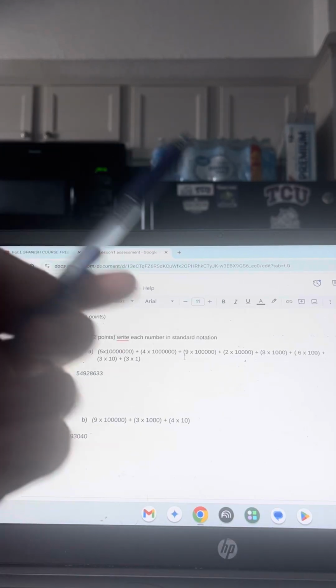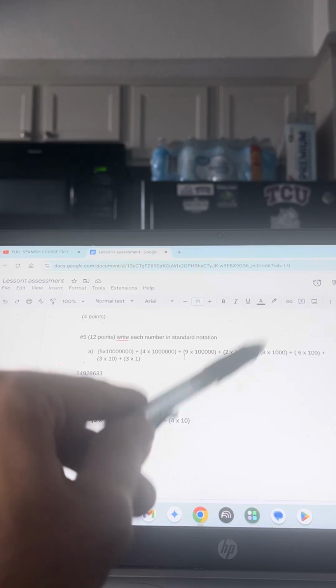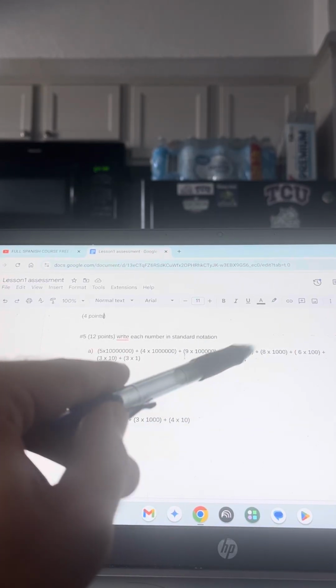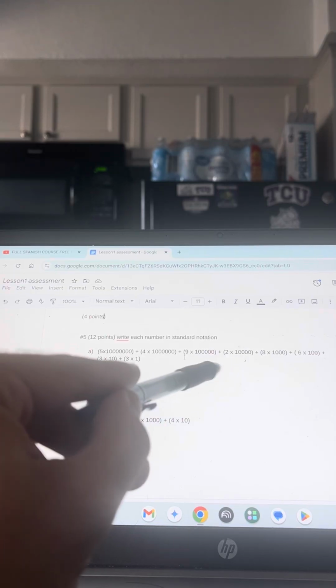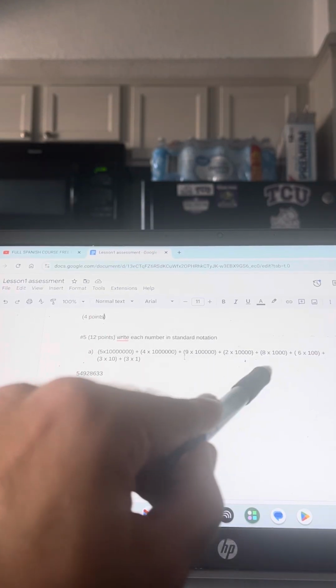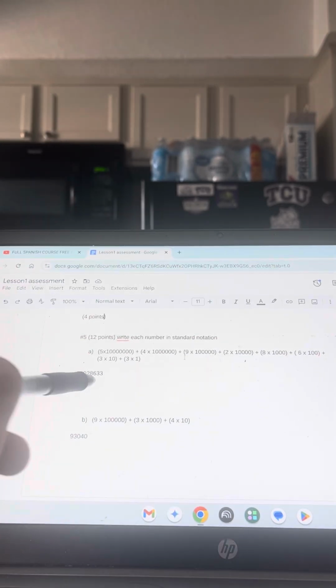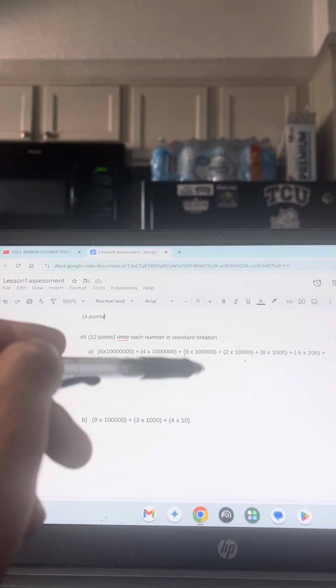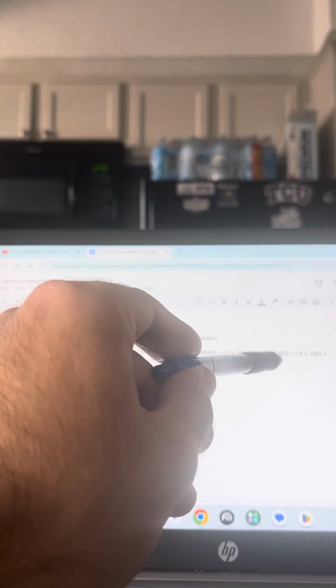Good job. Let's look at number 2. 2 times 10,000. So 2 has to be in the 10,000s place because 2 is being multiplied by 10,000. And remember, whatever number this is multiplied by, that is the place value it has to be in. You got 2 in the 10,000s place. Good job. 8 times 1,000. That means 8 has to be in the what place value?